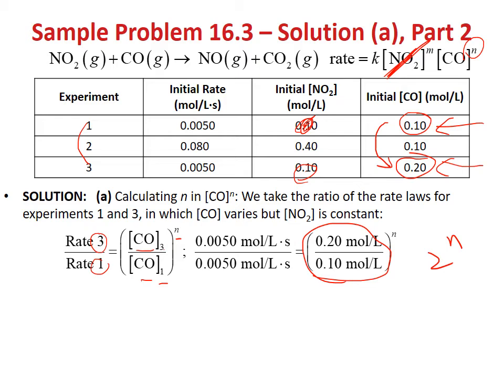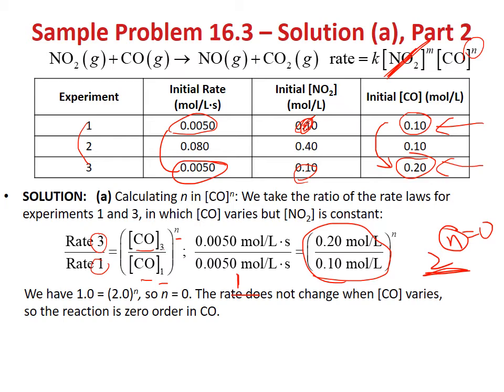By experiment, this is the data, and you'll find that experiments 1 and 3 have the same reaction rate, so the ratio is 1. For this to be 1, n has to be 0. That means carbon monoxide has a zero order.